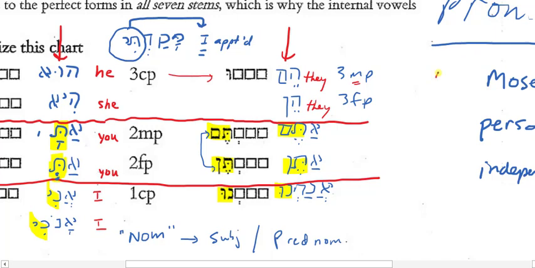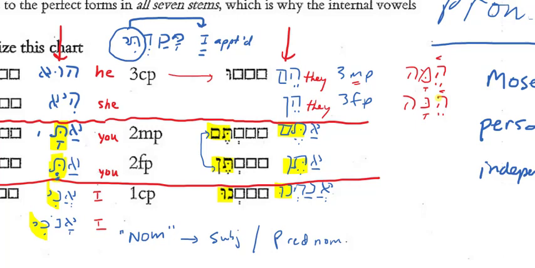So we have hemah and henah. Again, they are identical to each other except for which two letters? Mem versus nun. And the one with the mem is what gender? Masculine. Okay? So hemah, henah, hem, and hen. Okay? All right.